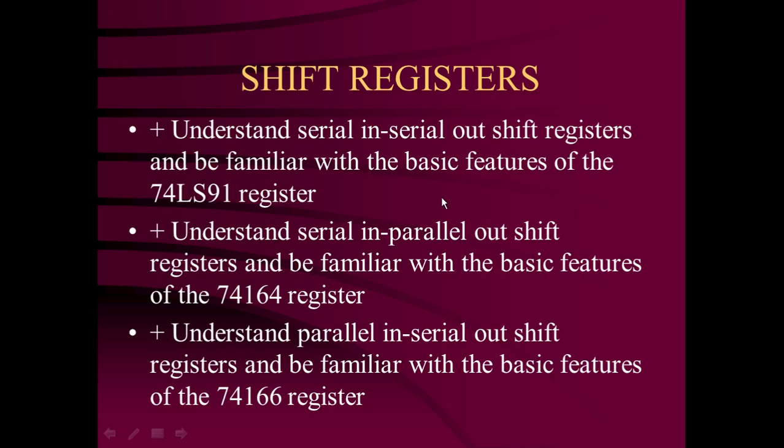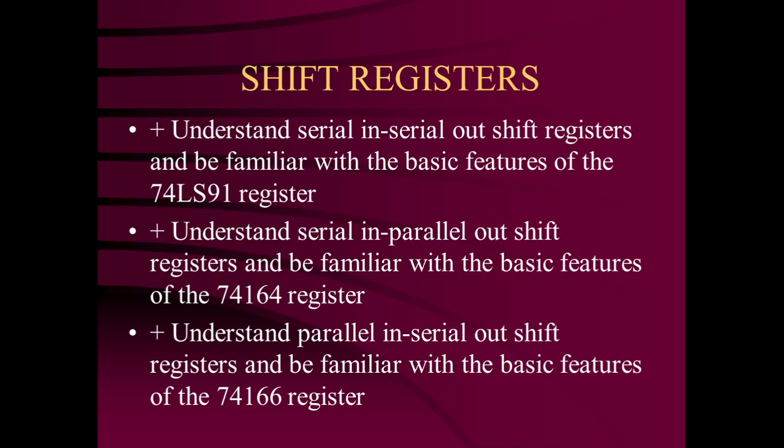Now, our objective to study the shift register is like this. The first objective is to understand the serial in serial out shift register and be familiar with the basic features of the IC 74LS91 shift register. There are four different types of shift registers.